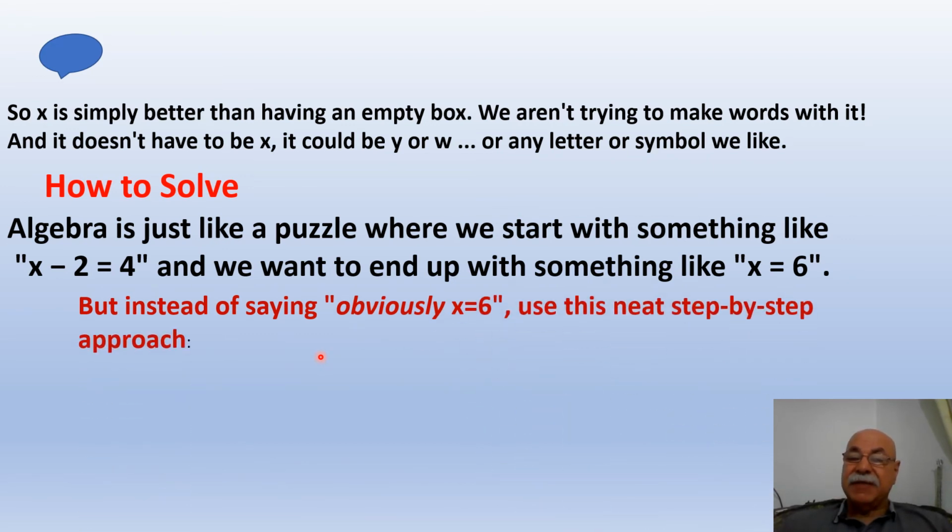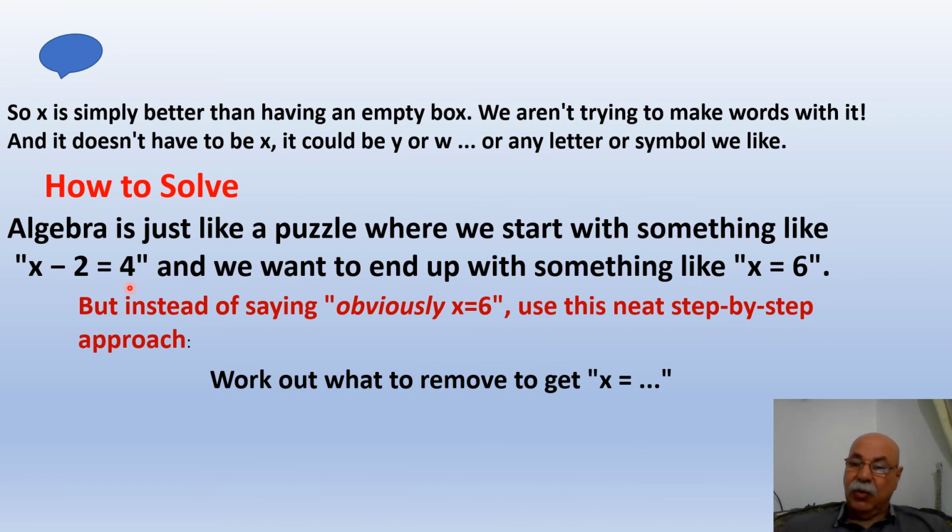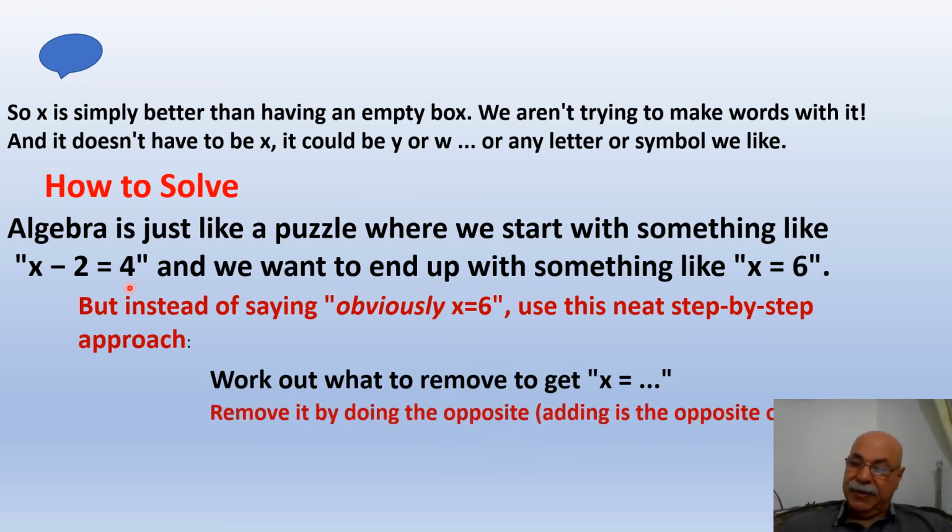But instead of guessing, use a step by step approach to get this answer. Work out what to remove to get x equal. Remove it by doing the opposite. The opposite of adding is subtracting.